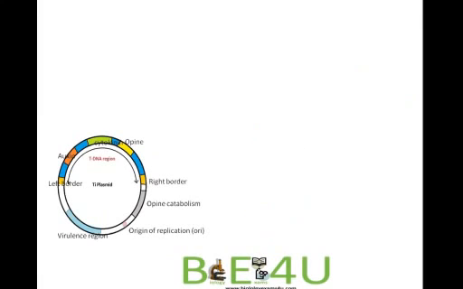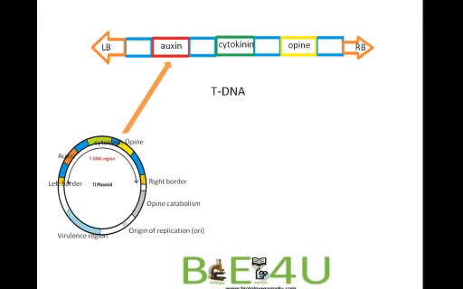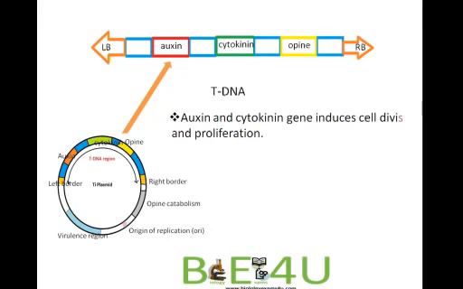Now let us have a look in detail at the plasmid organization. First of all, the most important region, the transfer DNA region or tDNA region. This region consists of three genes: an auxin encoding region, a cytokinin encoding region, and an opine encoding region. Auxin and cytokinin genes induce cell division. As a result, crown gall appears on the plant.